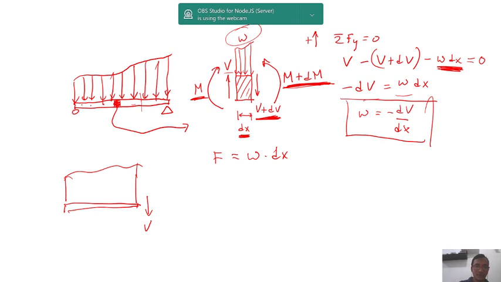Because it's on the right of a particular cut, the V will be going down and the moment will be counterclockwise. Always like that. So we always assume positive direction here, because if not, later you will confuse yourself.